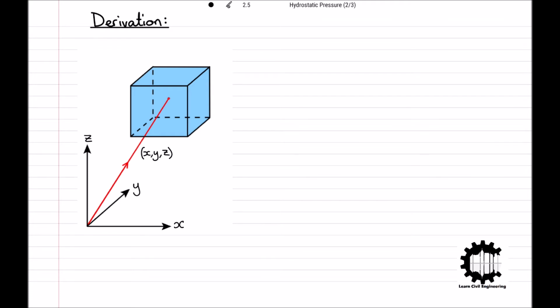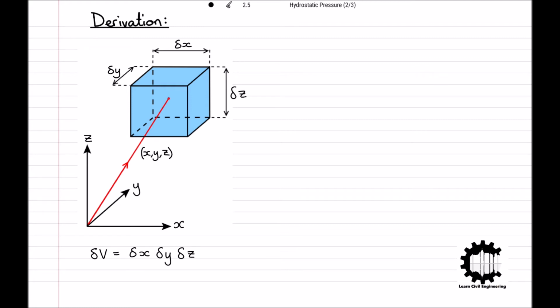The element has volume delta V, which is equal to delta x times delta y times delta z, where delta x, delta y, and delta z denote the dimensions of the element in the x, y, and z directions as shown here. Note that the small element delta V contains and is completely surrounded by fluid of constant density.